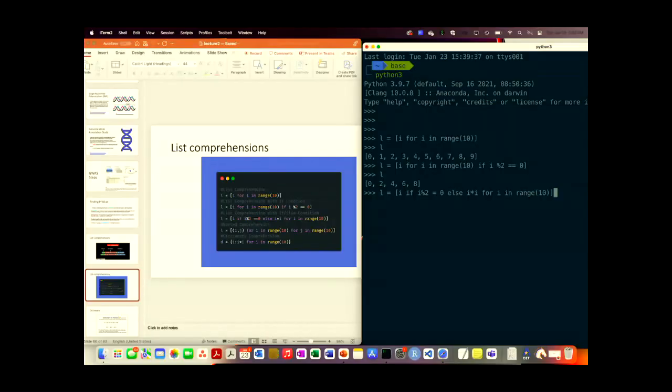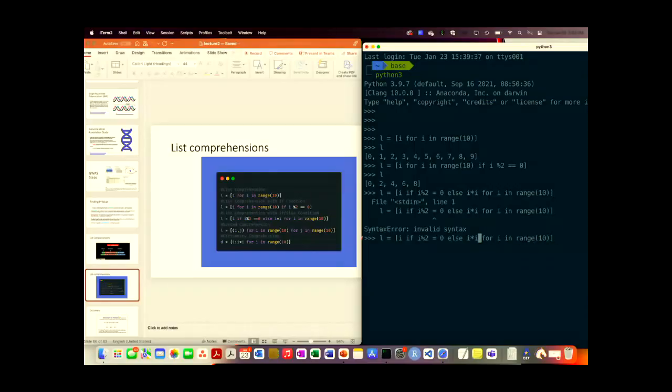What's changing between our first example and our second example? We've just added this else I times I.